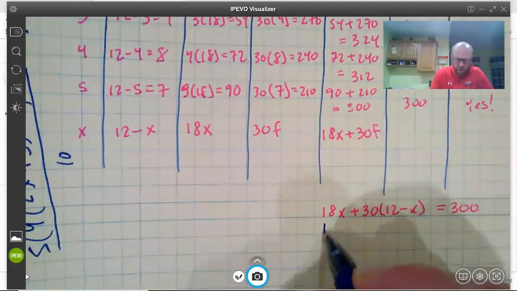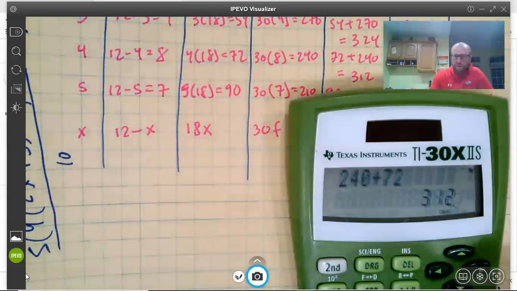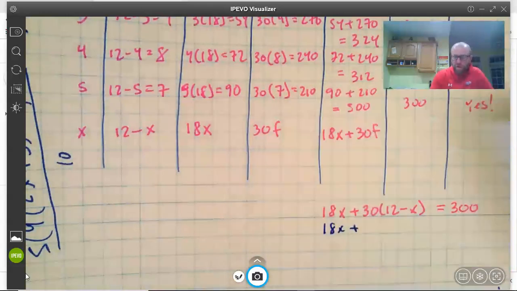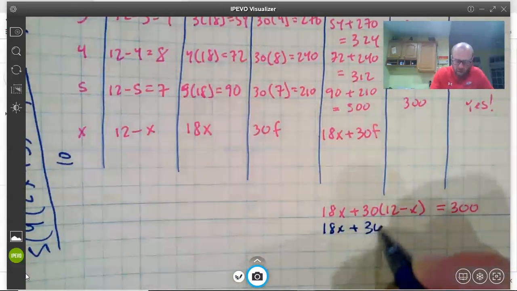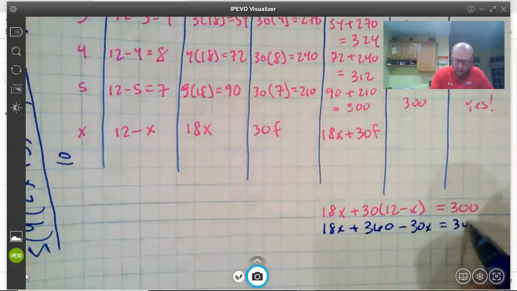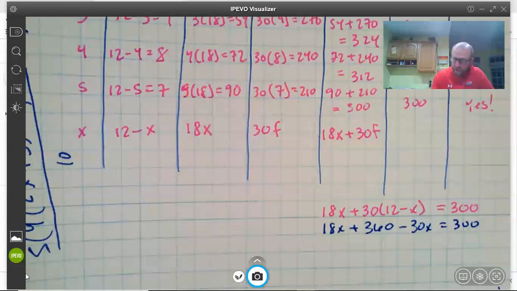So let's see here. 18X plus 30 times 12, we'll use the distributive property here, 360, minus 30X equals 300. I'm going to subtract 360 from each side.